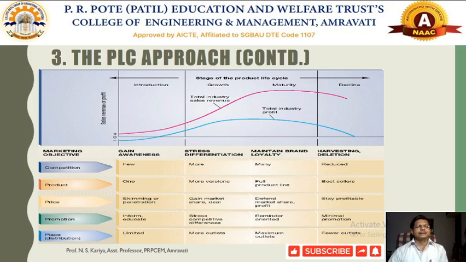There are different types of marketing objectives: to gain awareness, to fight the competition by using differentiation, to maintain brand loyalty, and to harvest the decline. At different stages, different marketing strategies are used to face the competition, with respect to the 4 P's. Different parameters can be considered so as to manage our marketing strategy appropriately, so that we can extend the life cycle of the product.